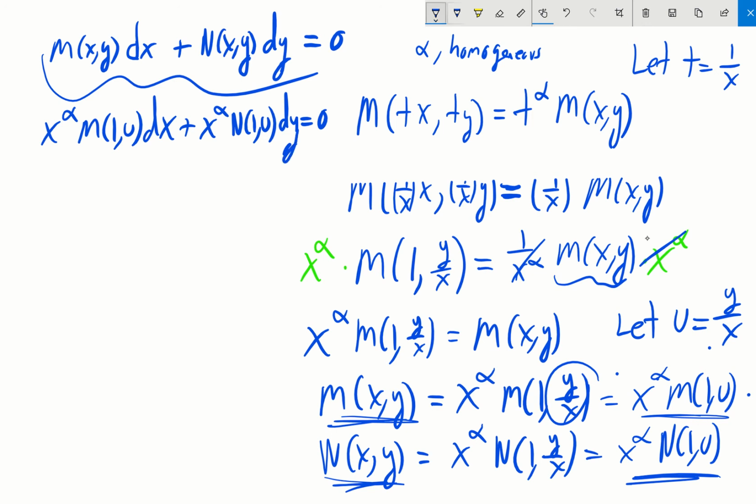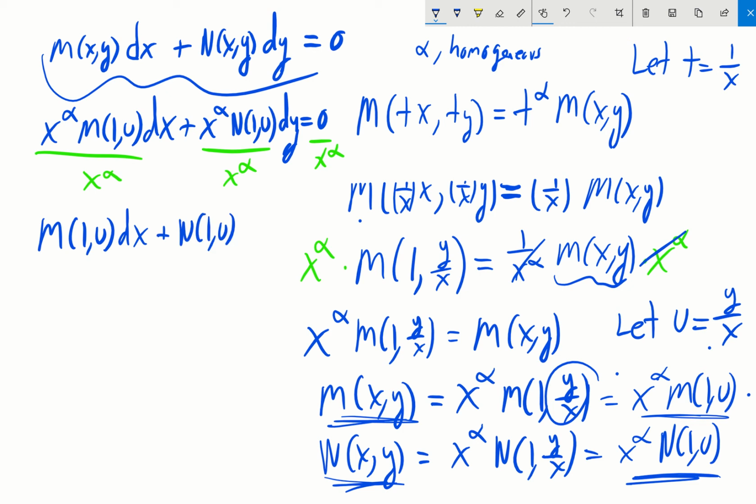We can get rid of the x to the alpha by simply dividing the entire equation by it. And right now, here's what we have: m of 1 comma u dx plus n of 1 comma u dy equals 0.